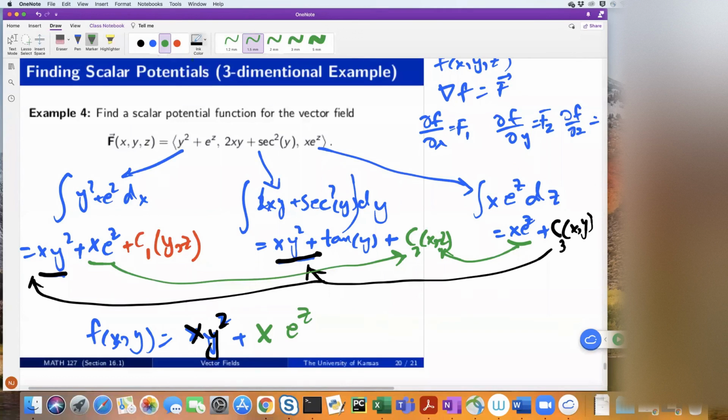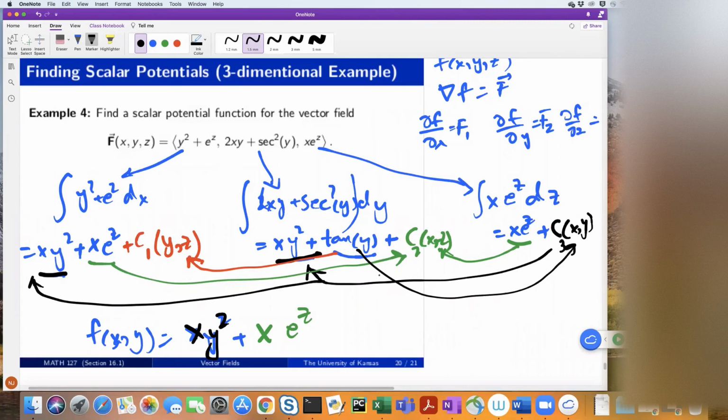Now, what is the last thing that is showing up? The last thing that is showing up is tangent of y. It's the last term showing up and it's not in common in any of them. But here's the thing: tangent of y can be a constant in here and also be a constant, different color, in there.